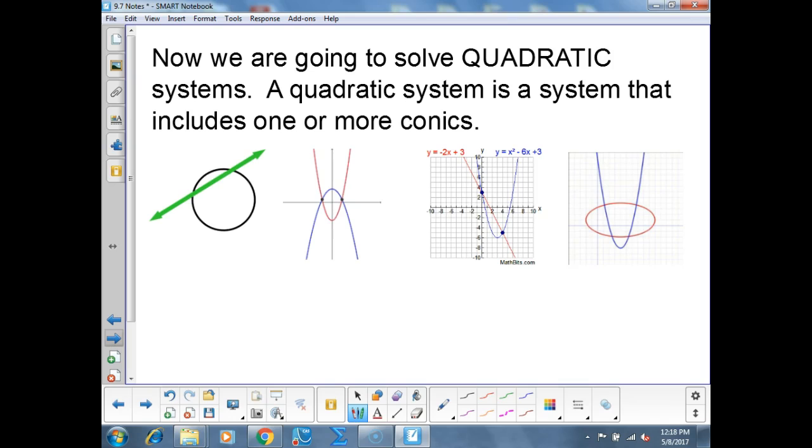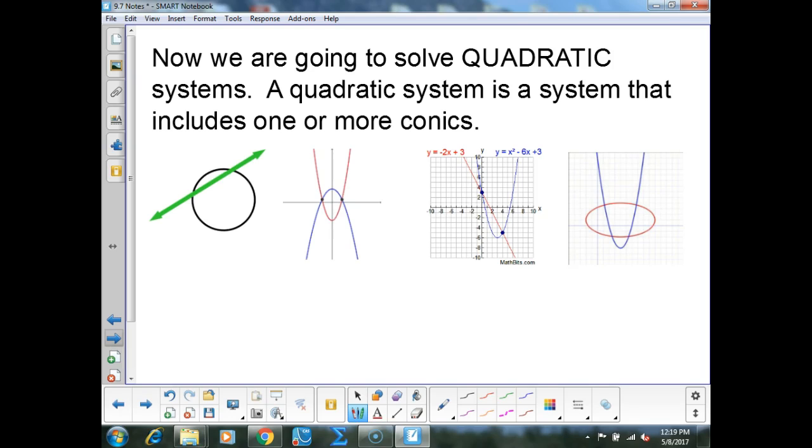And we call this a quadratic system. A quadratic system is a system that involves one or more conics. A linear system only involves lines. There are two methods. Well, there's really three methods, but I'm not going to teach you the one because there's really no teaching to be done on it. The first method is you can use a graphing calculator.